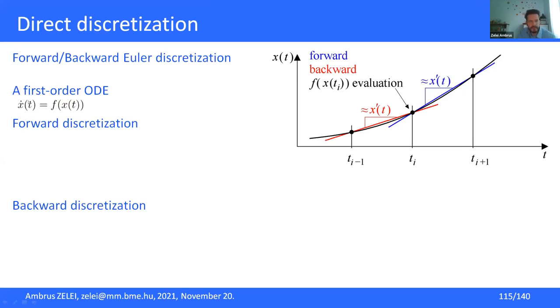The approximation of x dot is possible with the value of x at t_i and t_i plus 1, or we can choose the other option, where we take x at t_i and t_i minus 1. The red one is the so-called backward, because this is the time when we are evaluating the function and we reach back to some previous solution. And this is the so-called forward, when we are going ahead.